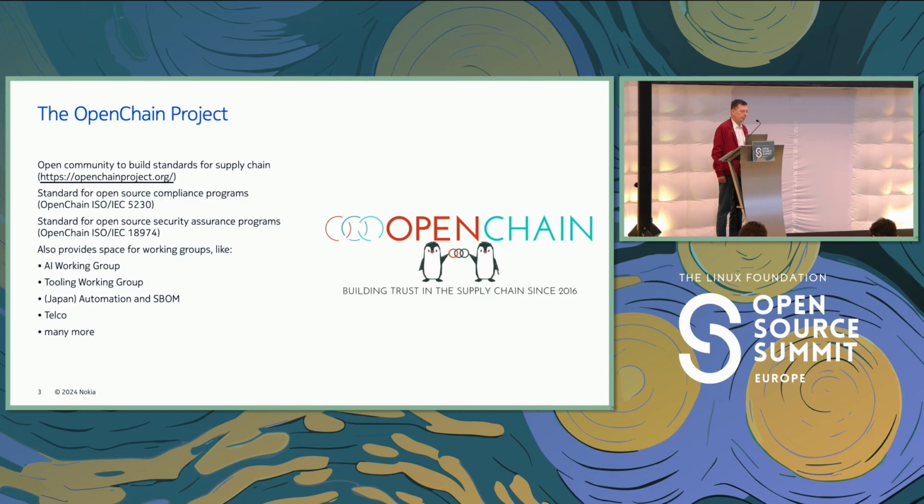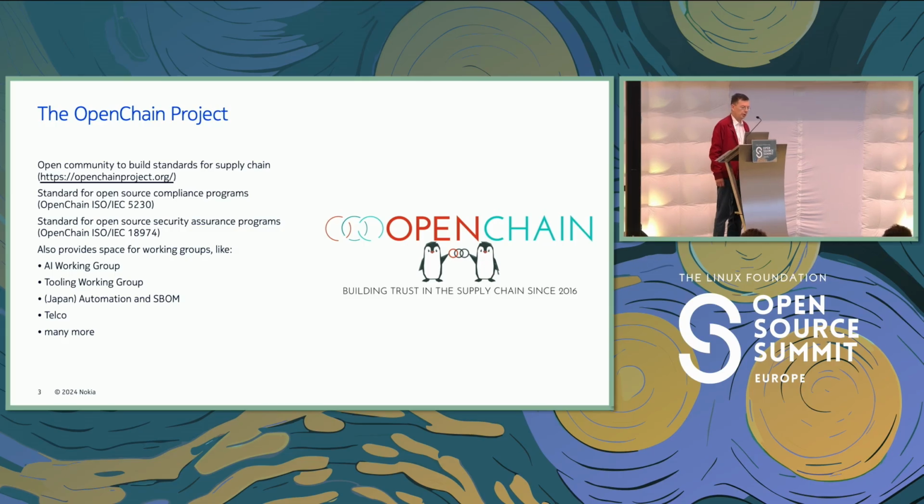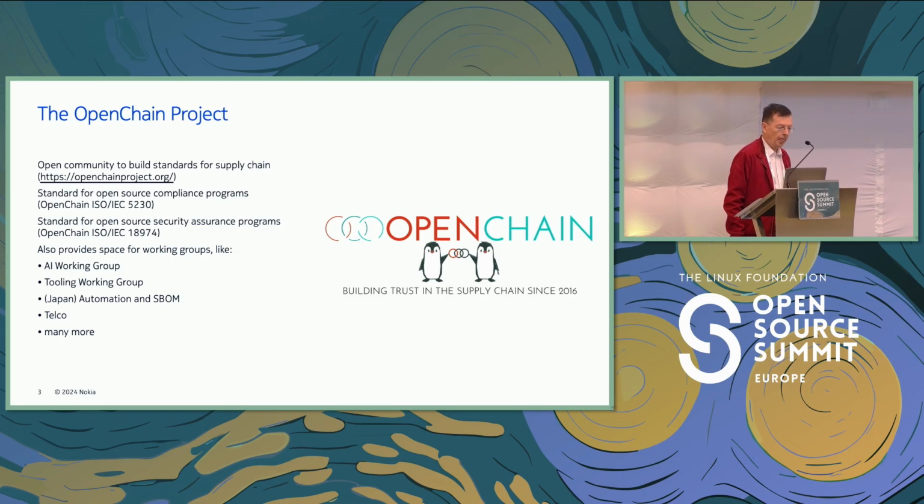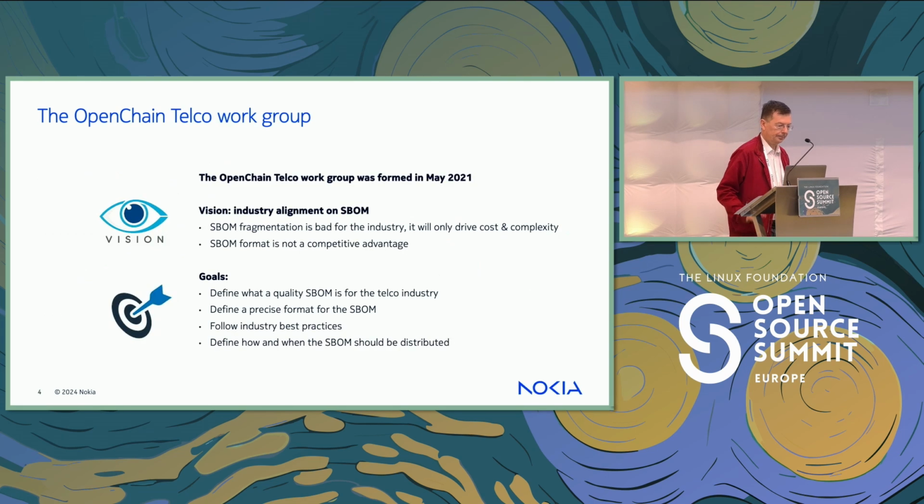But there is much work in the OpenChain umbrella. There are several work groups. An AI work group, that's the only time I will say AI. There is a tooling work group, an automation and SBOM work group, and the telco work group, which I am the lead of, but also others.